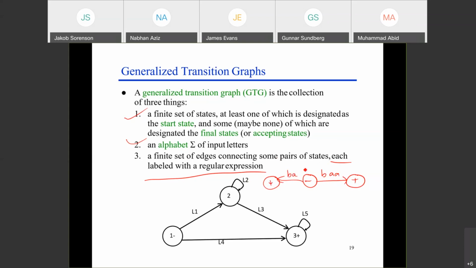Is this a valid TG or not? This is a valid TG because it is doing a good job. It is taking care of two words. If I ask you to write the regular expression of this TG, it will be BAA plus BA. This is the regular expression of this TG because it is just accepting two words. Okay. So everybody agrees with me, yes?